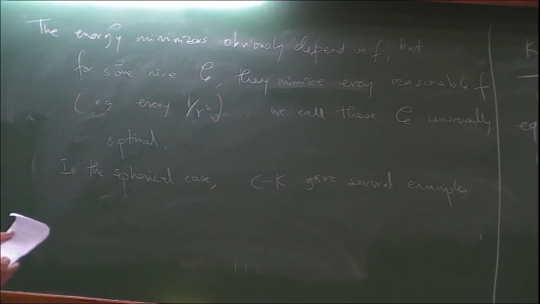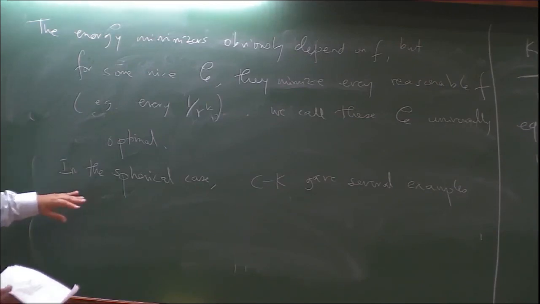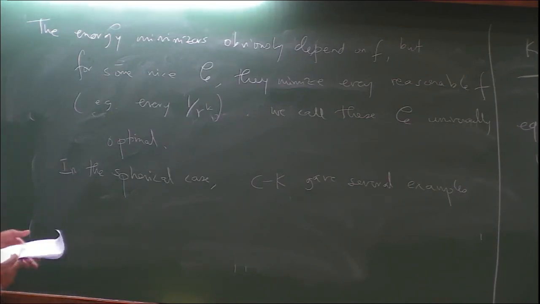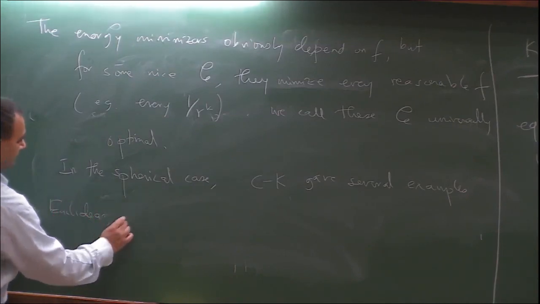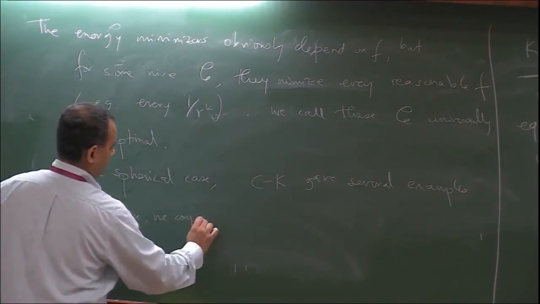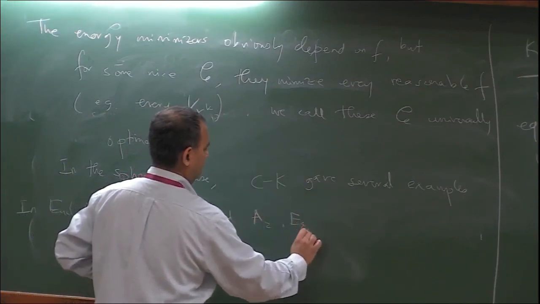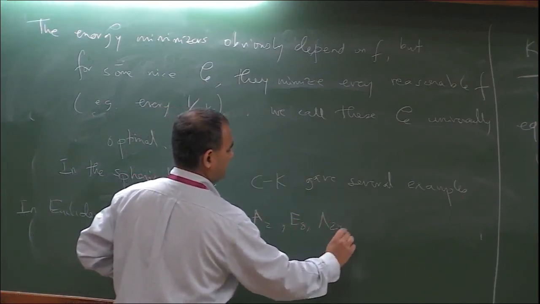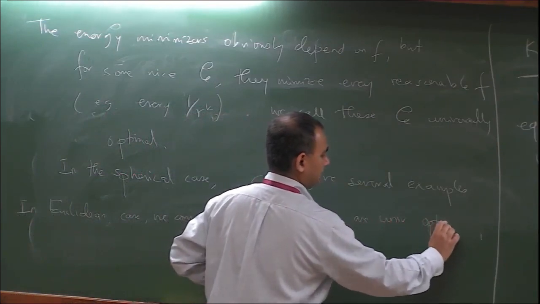But in the Euclidean case, we could only conjecture that there are some universal optima. So in the Euclidean case, we conjectured that A2, E8, and the Leech lattice are universally optimal in their dimensions.